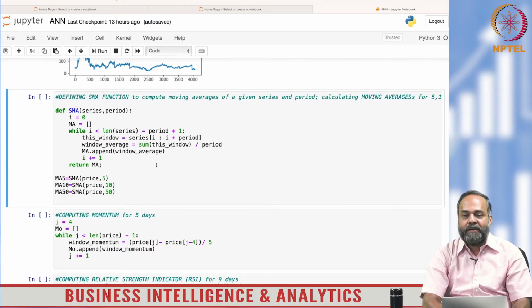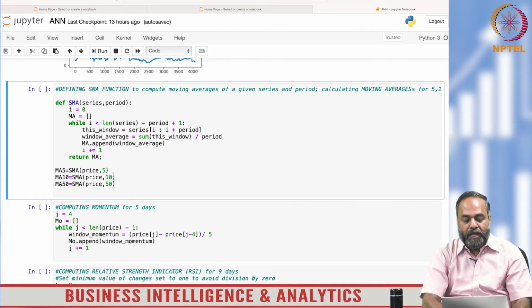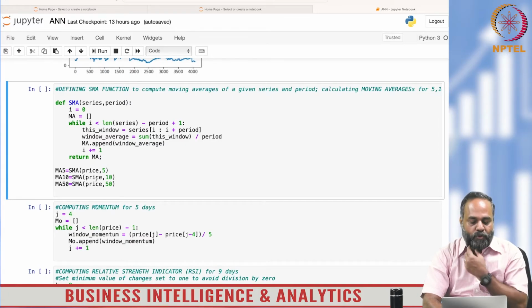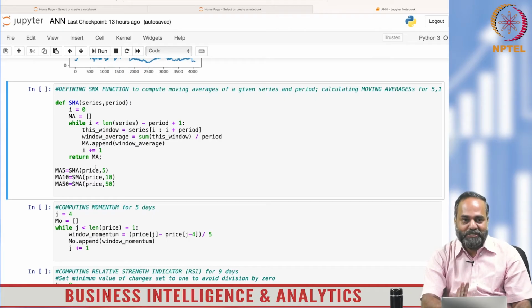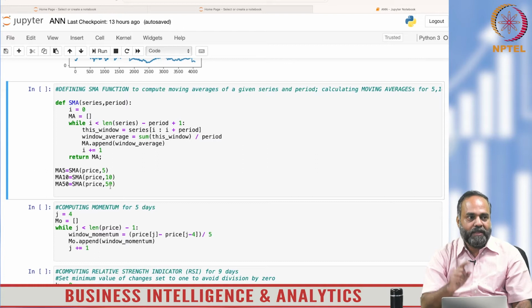Literature suggests that in order to train a neural network for stock prices effectively, one must use 3 moving averages: moving average for 5 days, moving average for 10 days, moving average for 50 days, meaning moving average for 1 trading week, moving average for 2 trading weeks, that is 10 days, and moving average for 5 trading weeks.